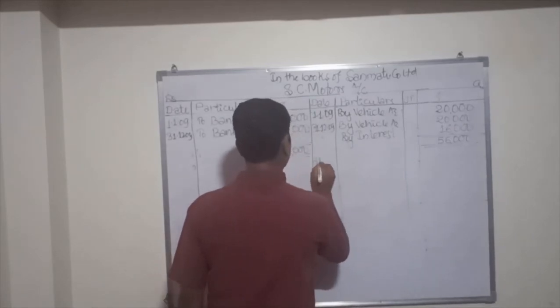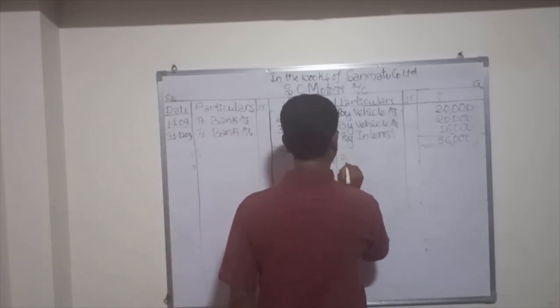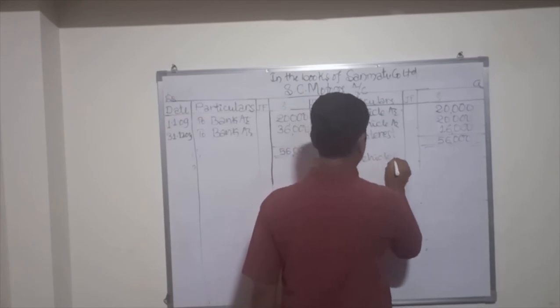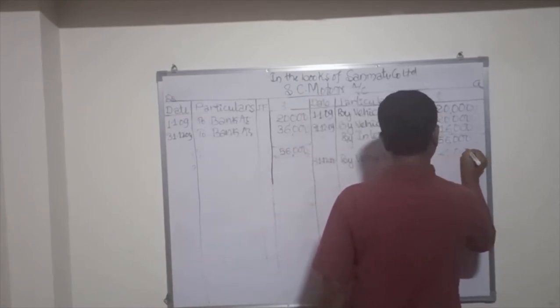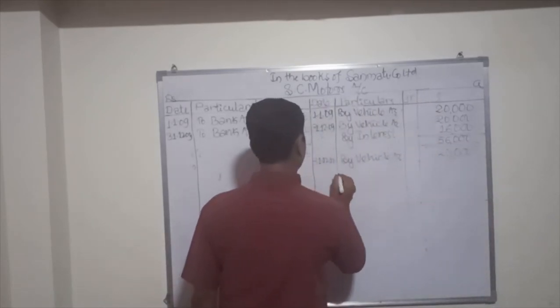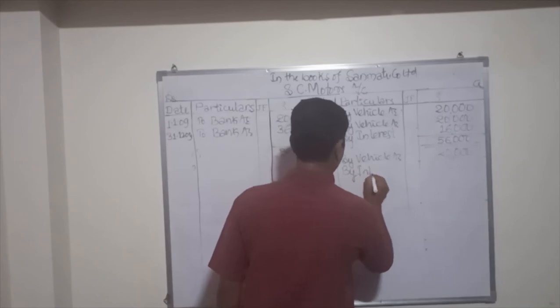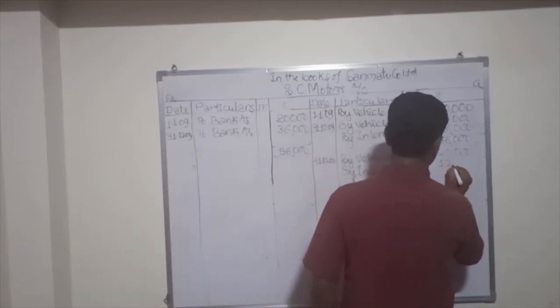So on 31/12/2010, when the second installment is due, the entry will be vehicle account debit, interest account debit to SC Motors. So SC Motors is credited by vehicle account rupees 20,000. Then on the same day, by interest rupees 12,000.